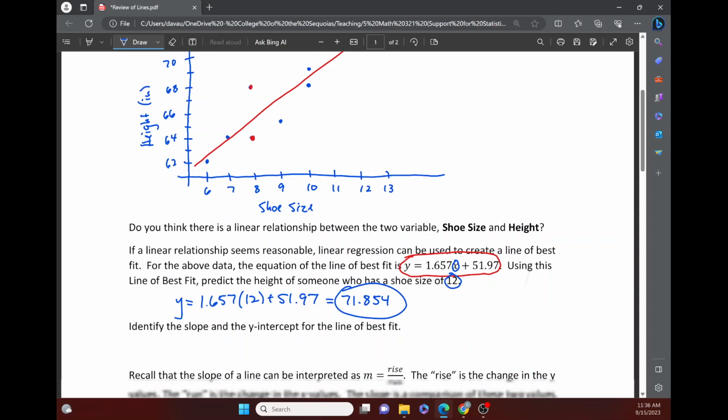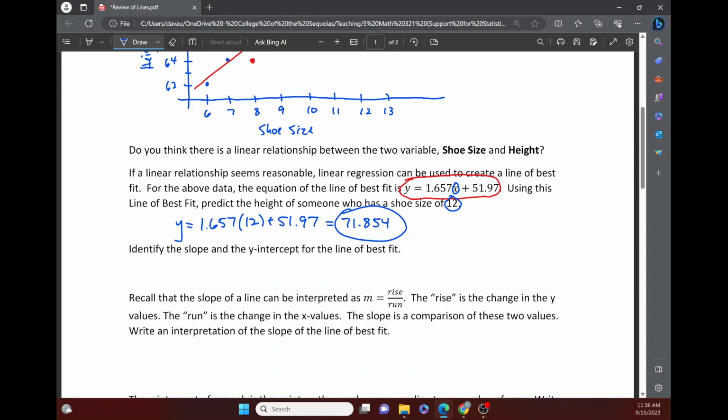It asks us to identify the slope and the y-intercept for the line of best fit. So we'll practice this a little bit more on the next page, but looking at this line, the slope is the number that you're multiplying by x, and the y-intercept is the other number, right? So the slope here would be 1.657, and you may recall that the letter we use to represent the slope is m.